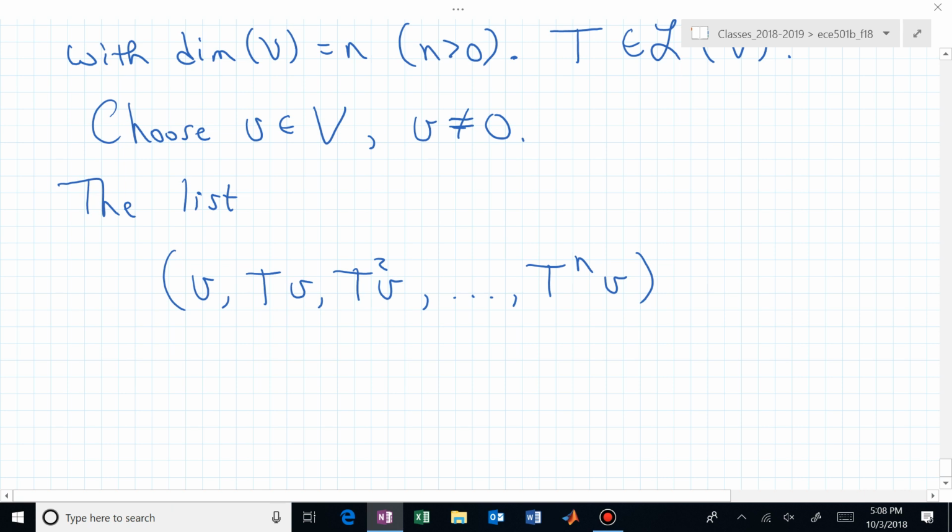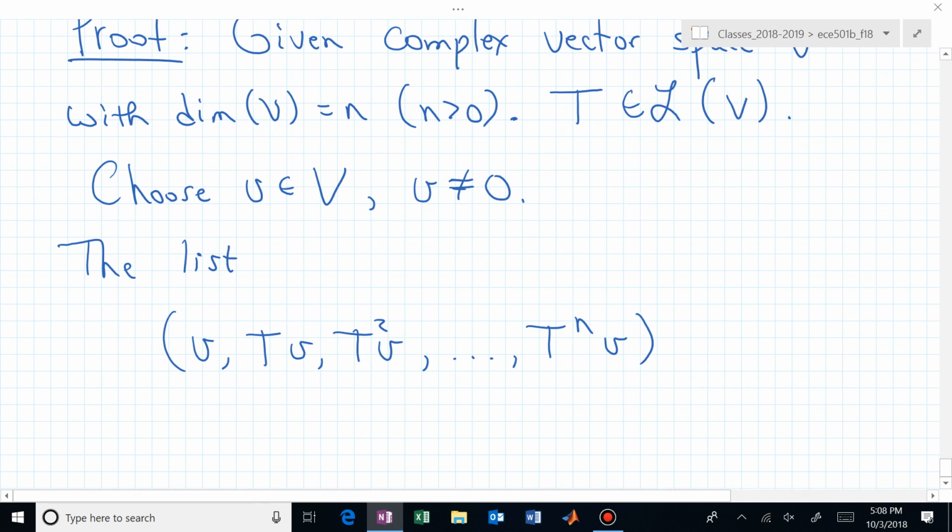And how big is the vector space? N. So what do you know about a list of n plus 1 vectors in an n-dimensional vector space? They have to be linearly dependent.